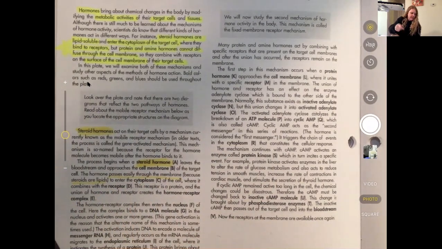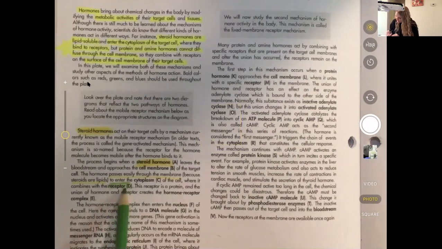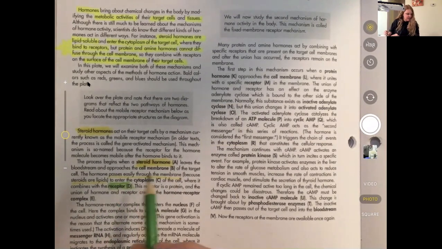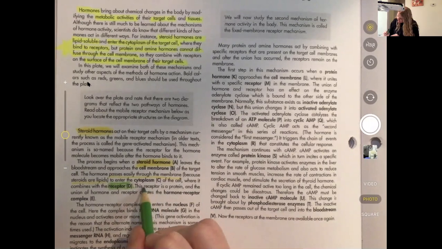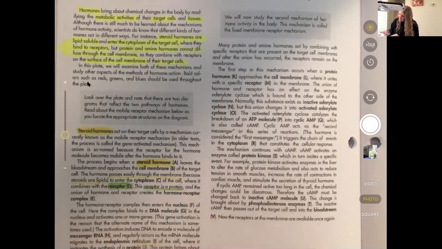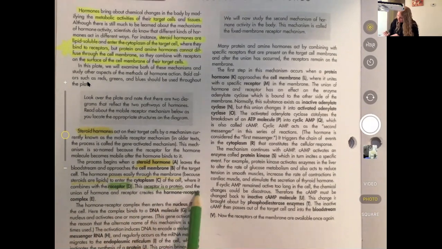I'm switching to green. We're going to use green for this intracellular receptor, which means on the inside. This receptor is a protein, okay? And the union of the hormone and receptor creates the hormone receptor complex.